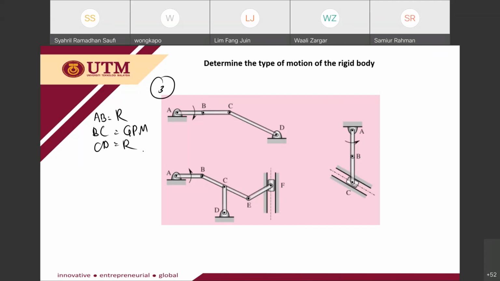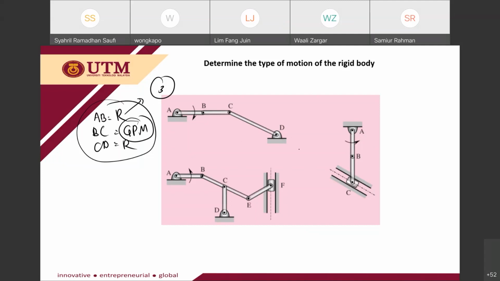Okay, so this is important. The first thing you need to determine is the motion of the member. If you have a rotation, then you can know directly that V equals R omega. If you have a GPM, then you have another analysis, either relative velocity, relative motion, or instantaneous center of zero velocity.